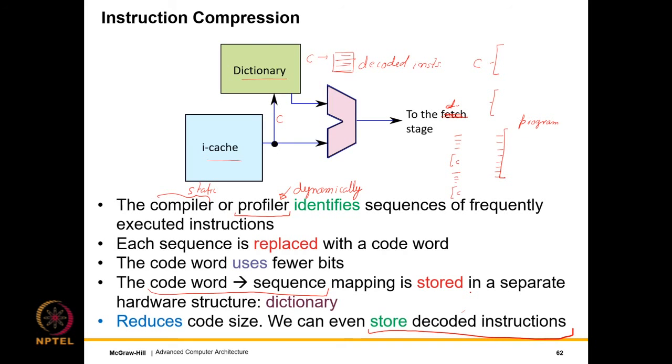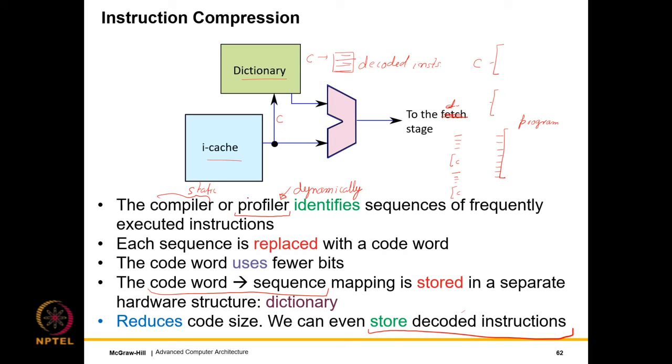So what again is the basic idea? Well, the basic idea here is that instruction sequences are replaced with code words, and code words are naturally much shorter. So we clearly see a code size reduction. And if the compiler is doing it, we will see both a static and dynamic reduction. Also if the profiler is doing it, we will see a reduction, but the profiler of course has more information, because it is looking at the dynamic sequence of instructions as opposed to the compiler.